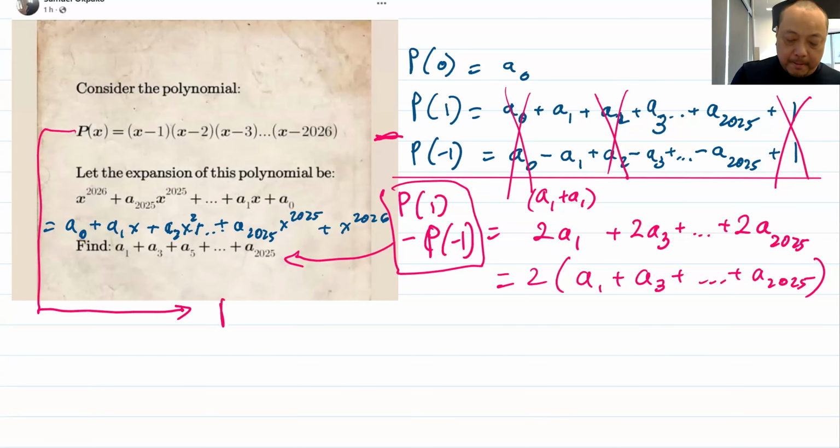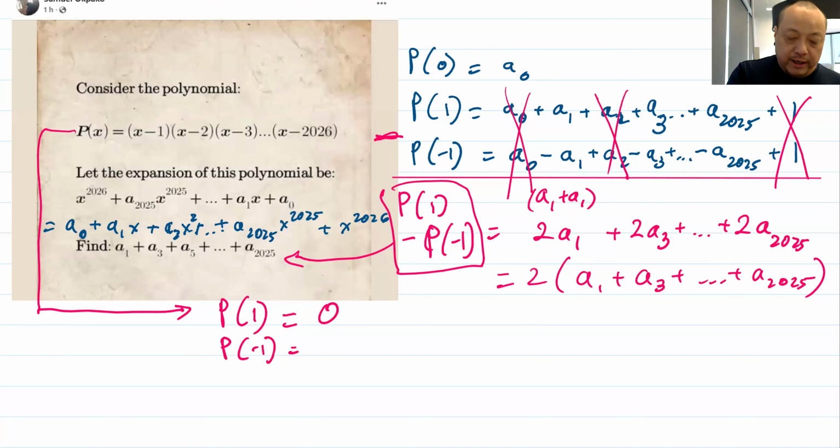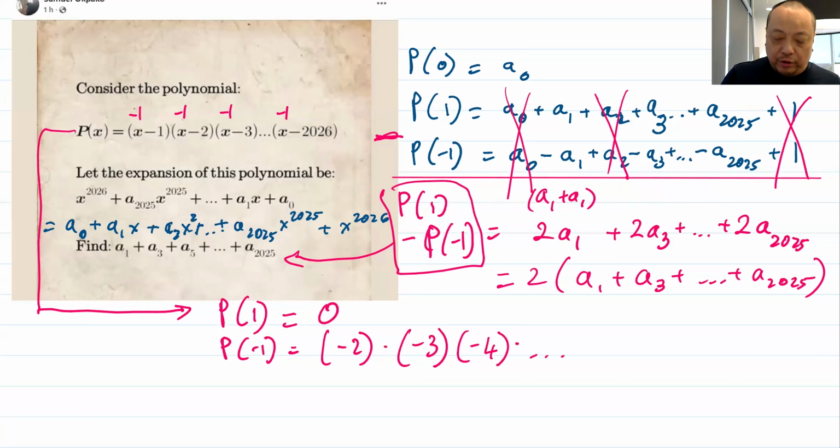P of 1, if I plug in 1, 1, 1, 1, 1, then this is going to be 1 minus 1, which is 0. So p of 1 is 0. What happens if I plug in p of negative 1? P of negative 1, I have negative 1 here, negative 1, negative 1, negative 1. So I have negative 2 times negative 3 times negative 4 times all the way up to negative 2027.